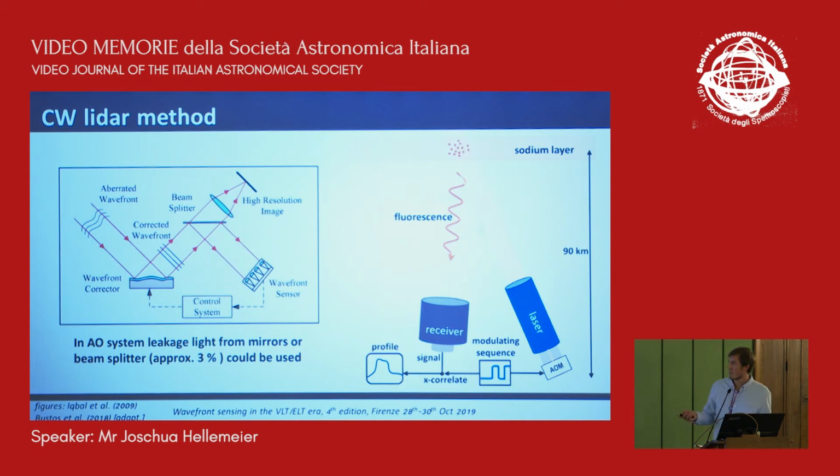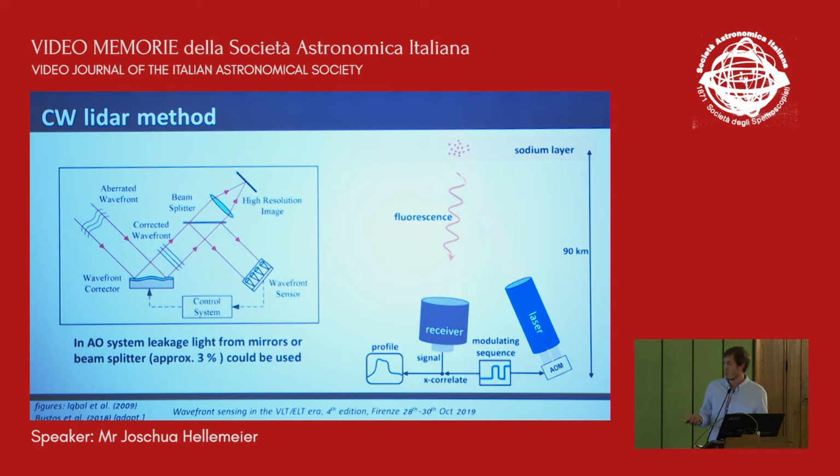Of course, in an adaptive optics setup for an ELT, one wouldn't block the light going to the wavefront sensor. So the idea for this method is to use some light which is leaking out of the system somewhere.